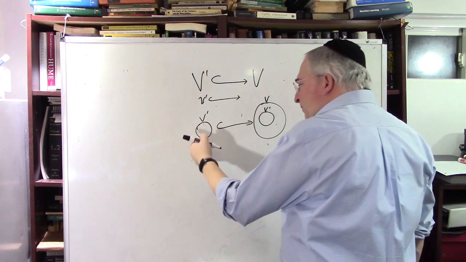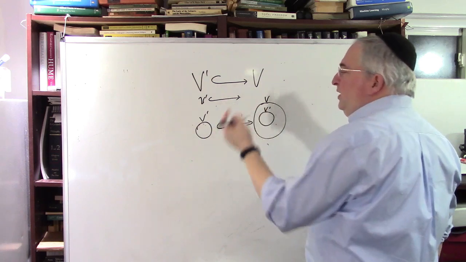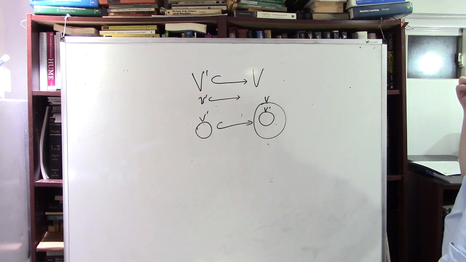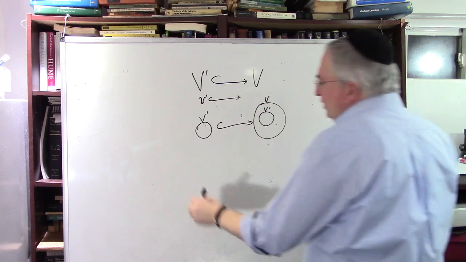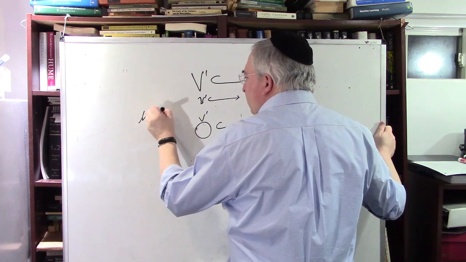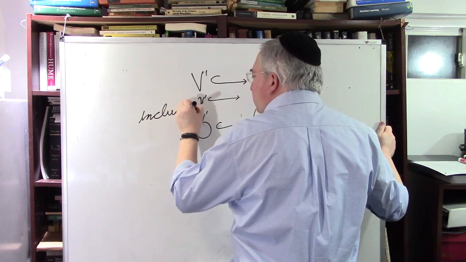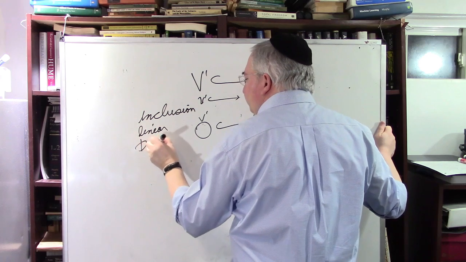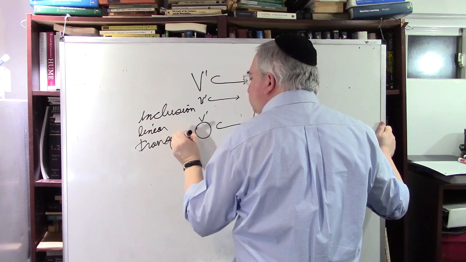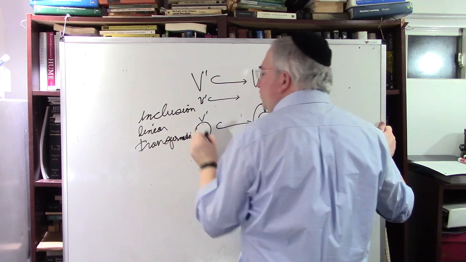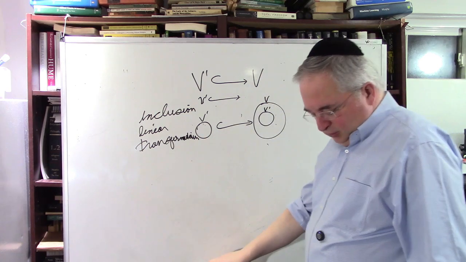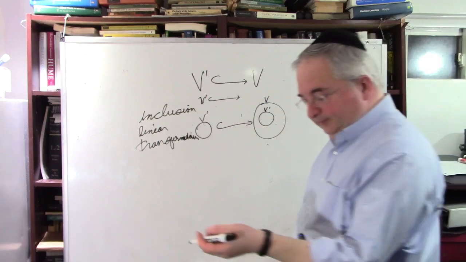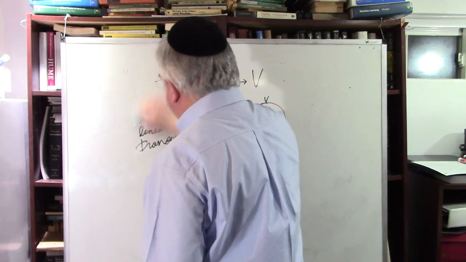Well, the map that brings everything from here into there is also a linear transformation. It satisfies both of those requirements. That's one example. This is the inclusion map, the inclusion linear transformation. It transforms one vector space into another vector space. Okay, great. Next.